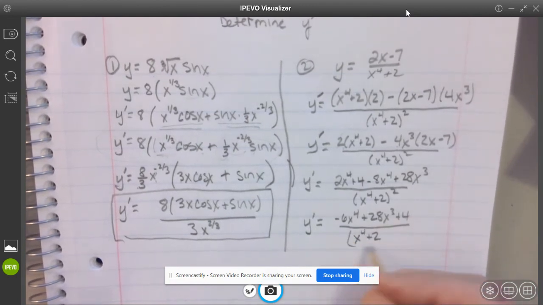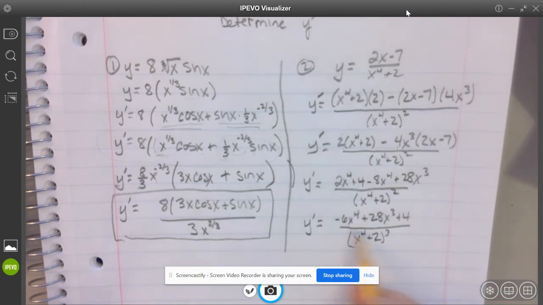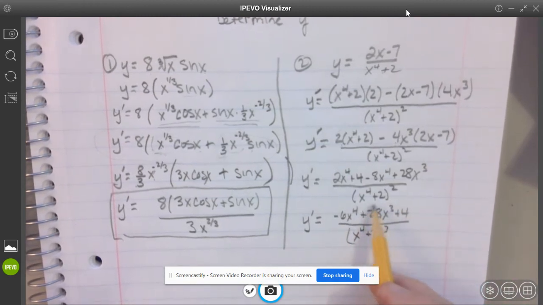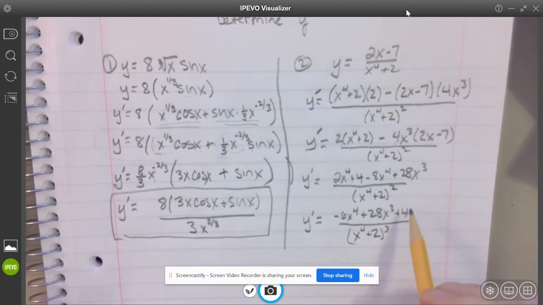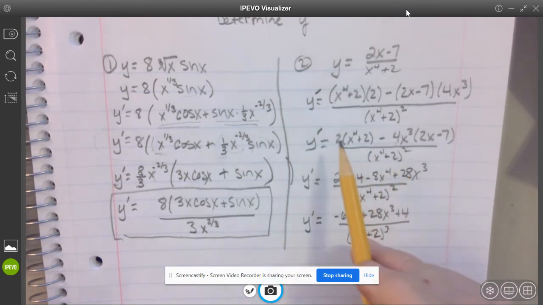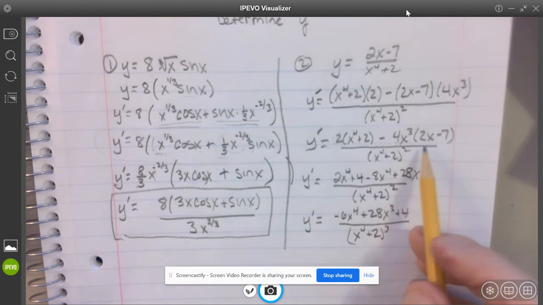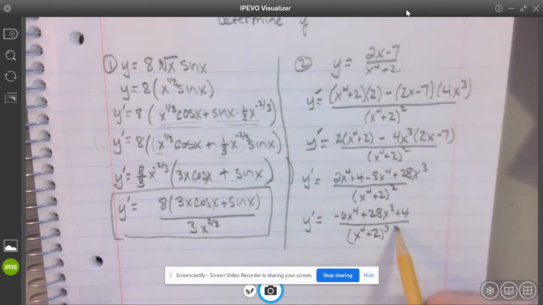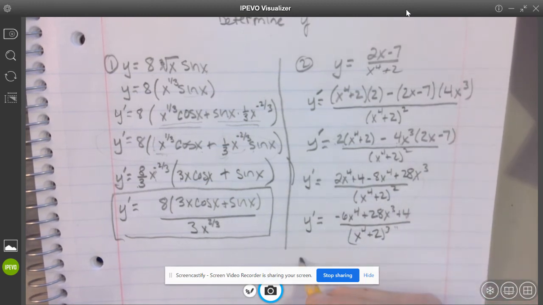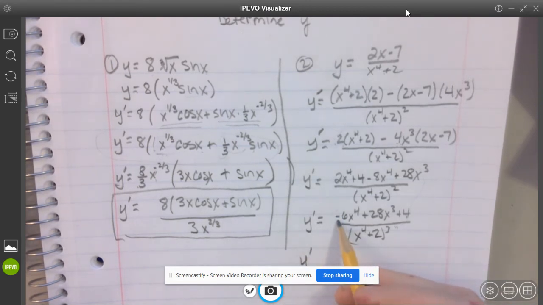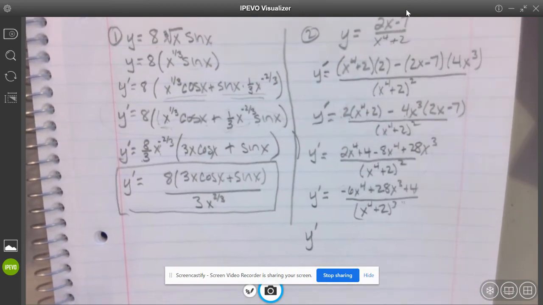Now that I have it all multiplied out, I'm going to check to see if I can factor anything here. And they do have a common factor of 2, which isn't surprising because up here, we noticed that they had a common factor of 2. That won't disappear. So basically, I just put off doing that until right here. And as a matter of fact, I'm going to factor out negative 2 because usually we like to make the leading coefficient up here positive.